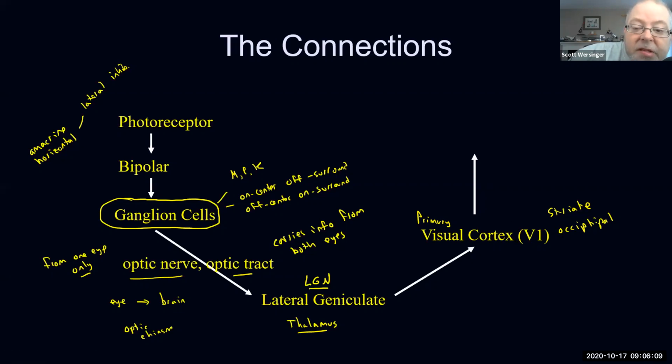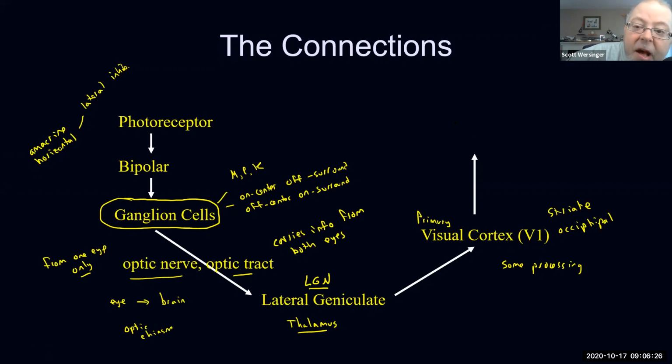I mentioned earlier that some basic processing starts here, but there's not enough computing power. Visual sensation is too complex for this primary visual cortex to do anything.